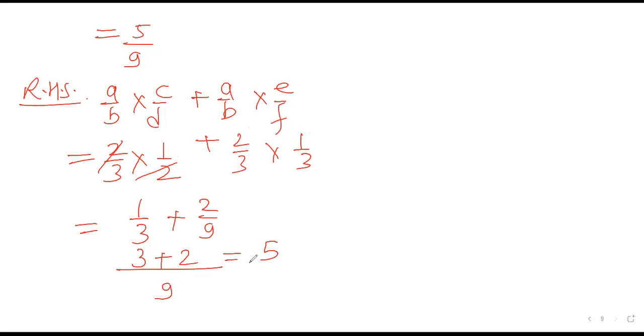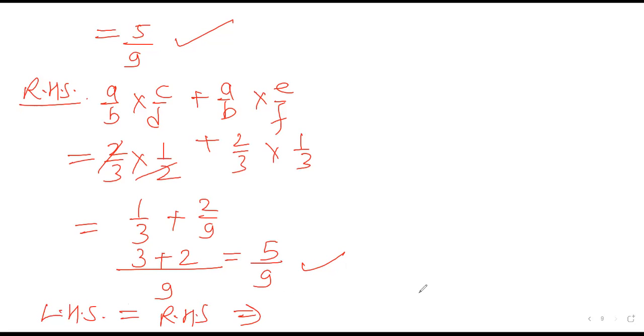That is 5/9. Look at that, the left hand side and right hand side are both the same. Here the left hand side is equal to the right hand side, so this proves the distributive property over addition.